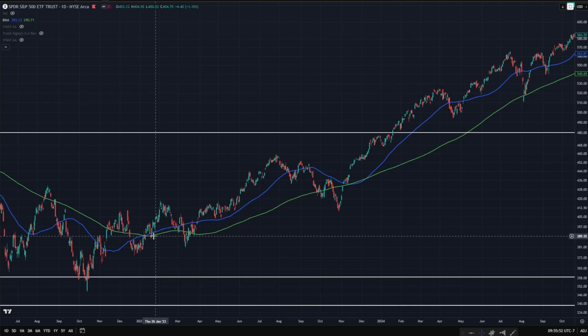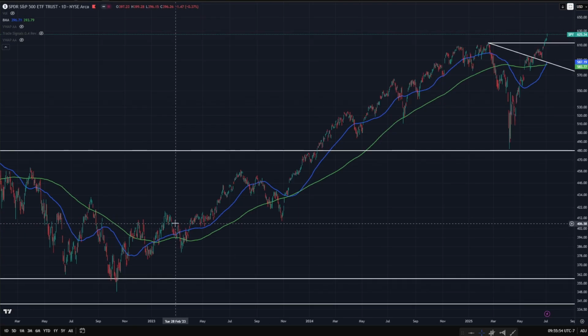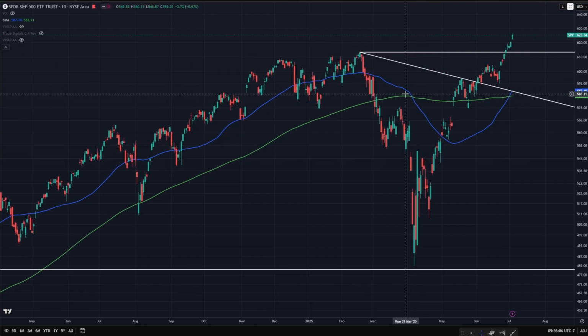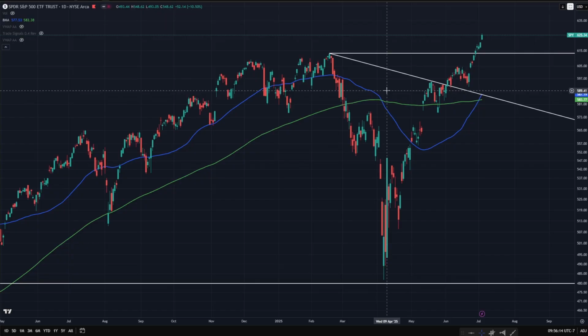So the 50 above the 150 sloping up 10 degrees, no matter what dips happen, just buy those dips, because most likely, statistically, we're in a long-term uptrend, and we have been until this point here in April of 2025. Although that was near the bottom, that was a reason why in my daily analysis I always had neutral in the long term, just because you never know.